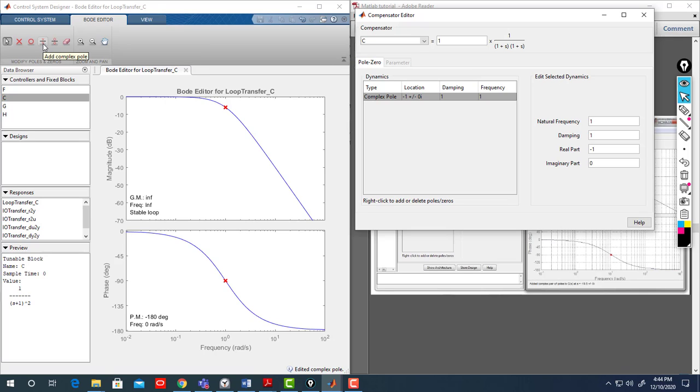Complex conjugate means they are at the same place in the S-plane; they have the same real number. When you say zeta equals 2, your numbers are real but distinct, and if real and distinct, they are not conjugate anymore.